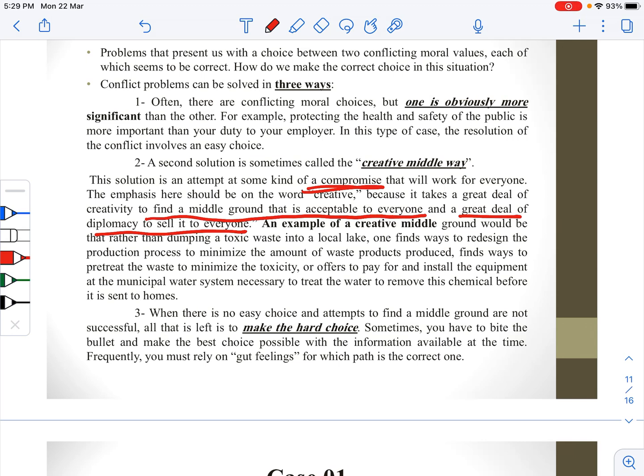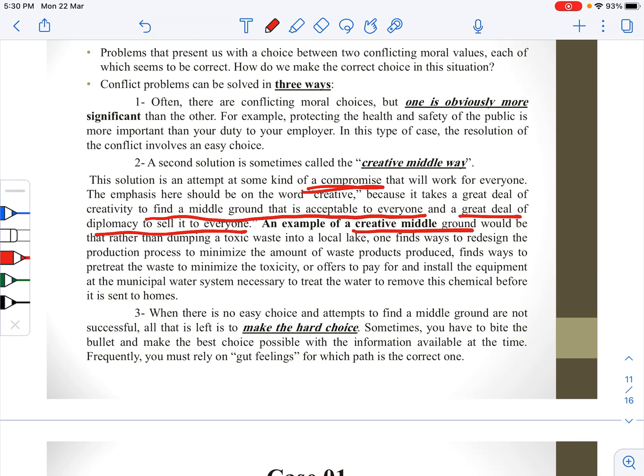And you go to another party and explain to them this is the best solution, and why. So this is a creative middle ground. In this second way, you cannot solve it so that just one will win. Maybe we'll try to make everybody a winner and try to explain.